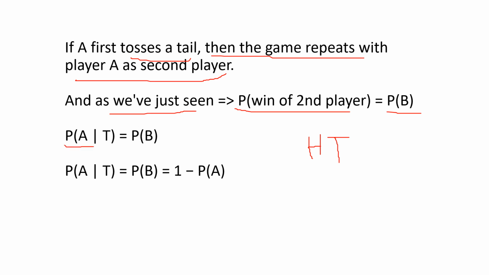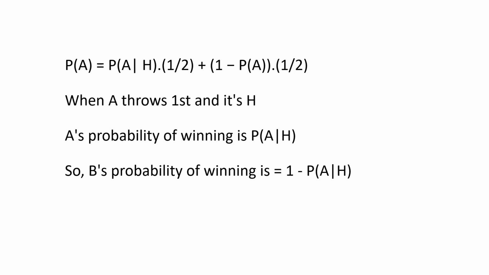So the probability of A given tails becomes equal to PB, which we can write as 1 minus PA. Putting this into the equation, we get the probability of A winning the game equals the probability of A winning given A tossed heads, which we are yet to estimate, times 1 by 2, plus 1 minus the probability that A wins the game, times 1 by 2.